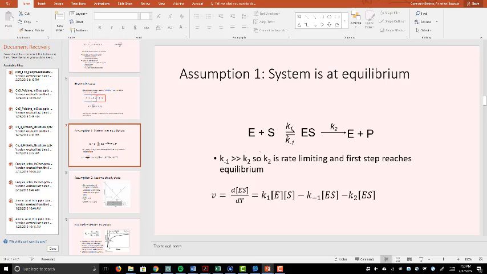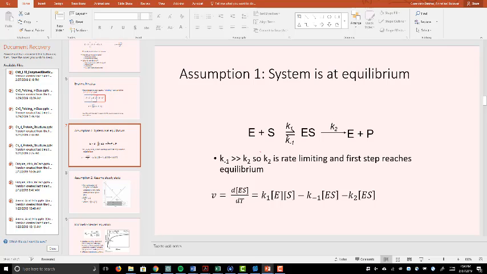And then one of the ramifications of this is that the concentration of the ES complex at any given point in time is equal to the rate at which it's made, which is the rate constant K1 times the E and S concentrations, minus the steps that take away the ES, which is K minus 1 takes away ES, and then K2 also takes away ES.